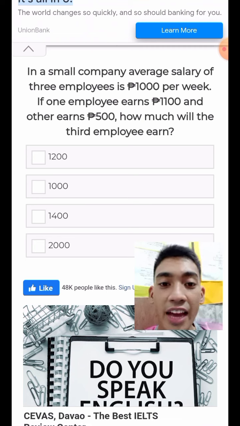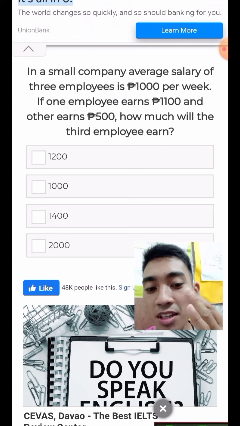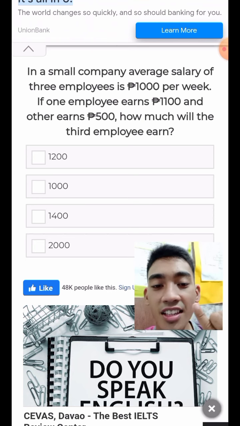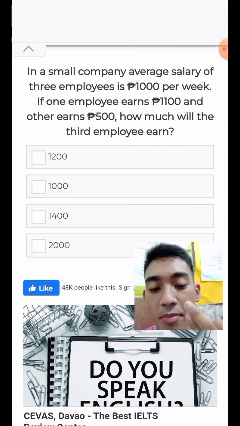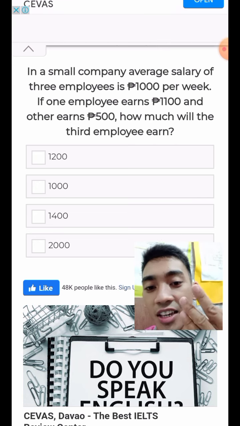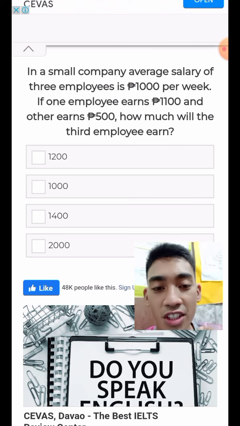So here, the average salary is 1,000 pesos. So if we have 3 employees, A, B, and C, if A receives 1,100 pesos, B receives 500 pesos, what is the salary of C if the average salary per week is 1,000 pesos?